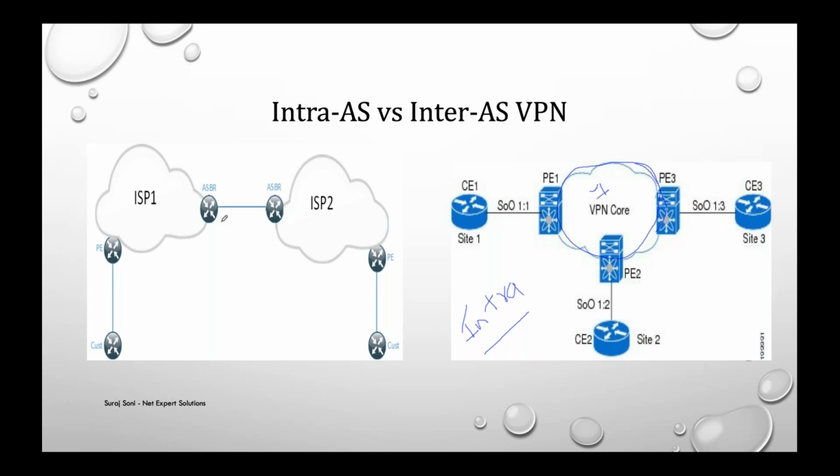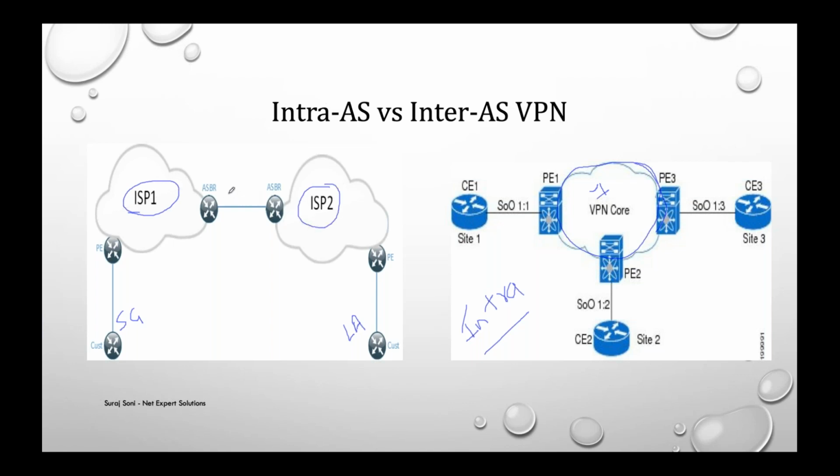The service provider may be in one AS, maybe multiple AS. So this is my Singapore site, and the other site is in LA, for an example. From Singapore to LA, one service provider cannot cater the complete end-to-end path. So ISP1 is catering in Singapore, ISP2 is catering in LA.